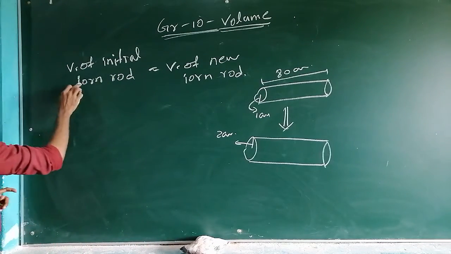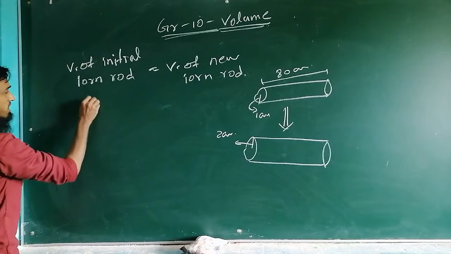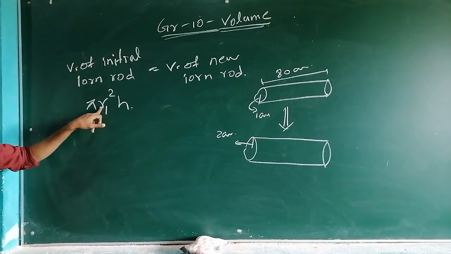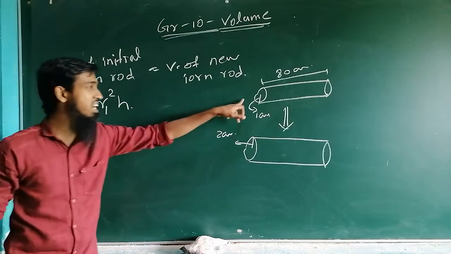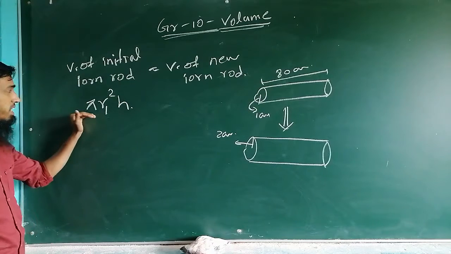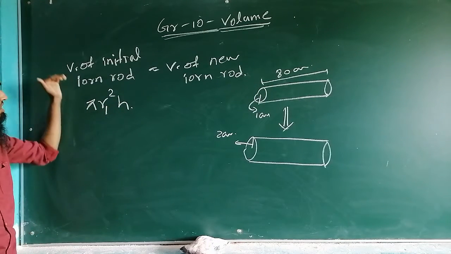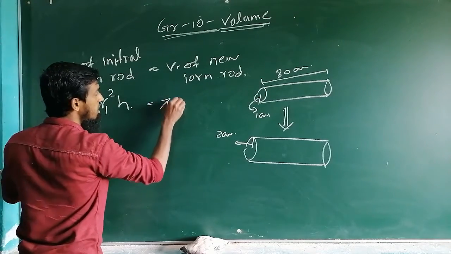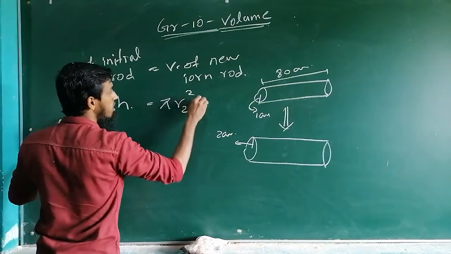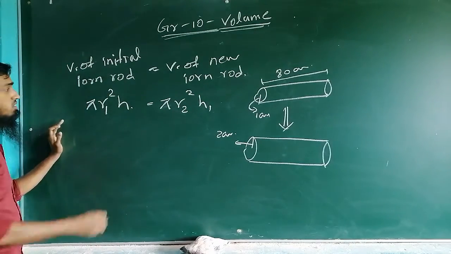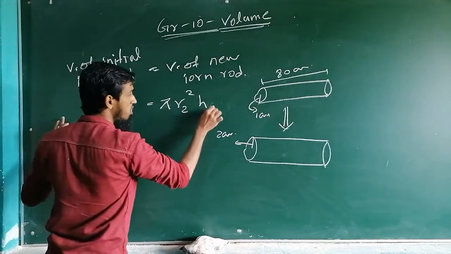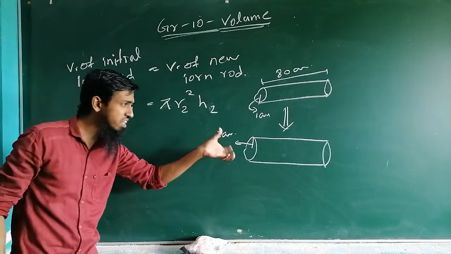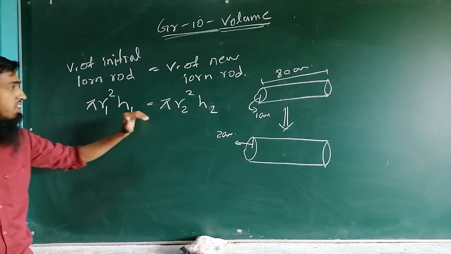What is the initial iron rod volume? That is pi r1 squared h1. Why do I put r1 and h1? Because the radii are different. The basic equation is pi r squared h because it's a cylinder shape. The other one is pi r2 squared h2, because the length and the radius are different, but the shape is a cylinder.